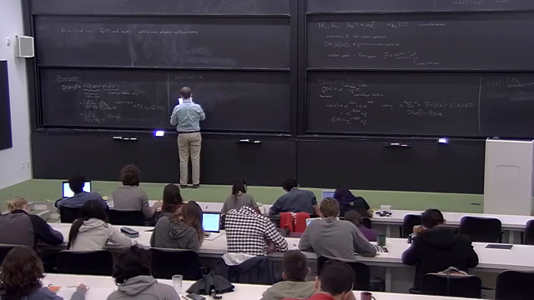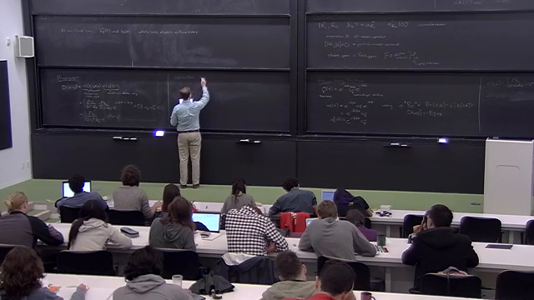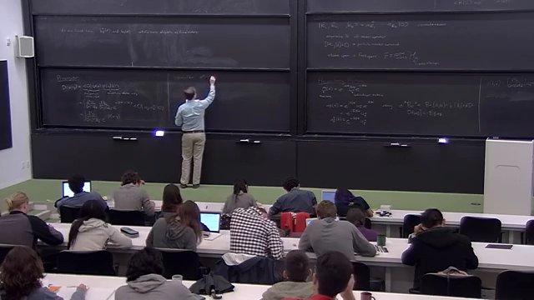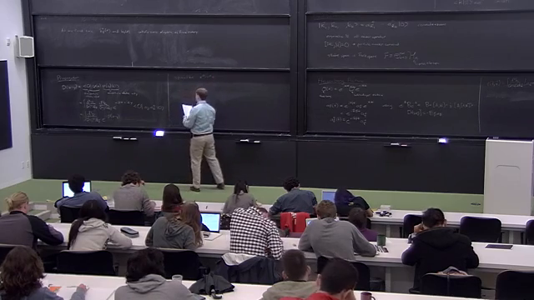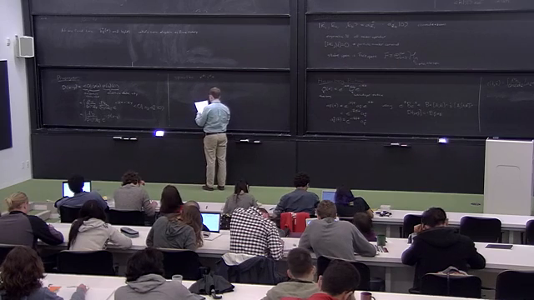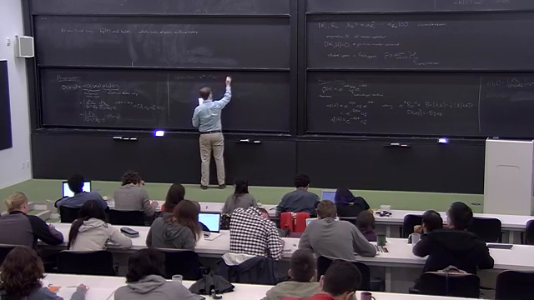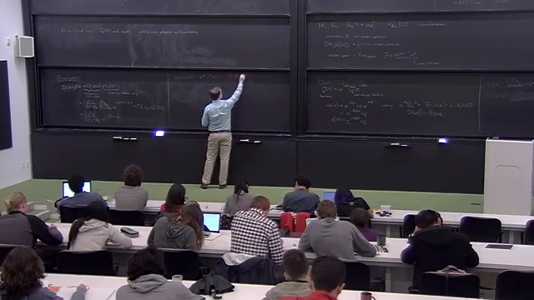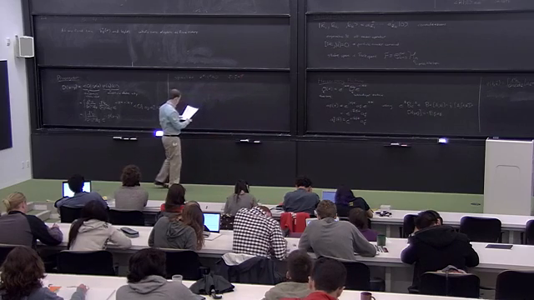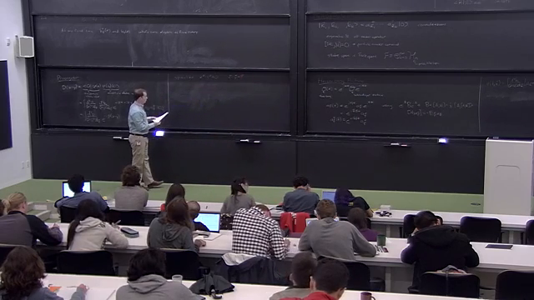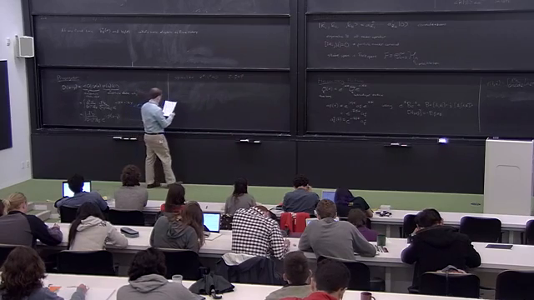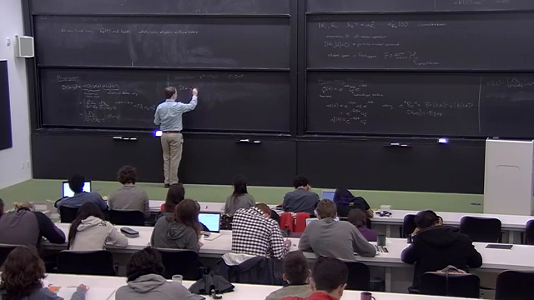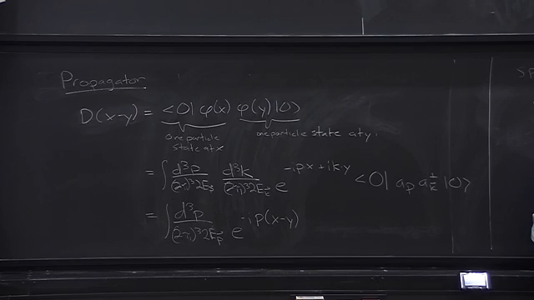If x and y are space-like separated, then we can choose a frame where these two events happen at the same time, and their distance r away. And in that case, we get this integral.